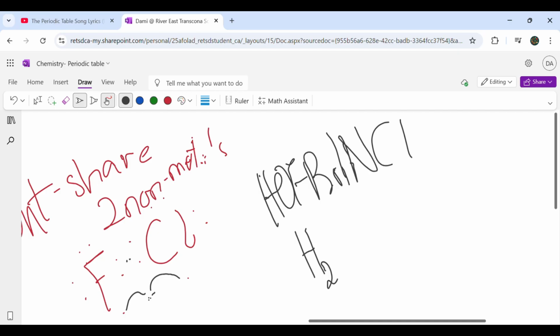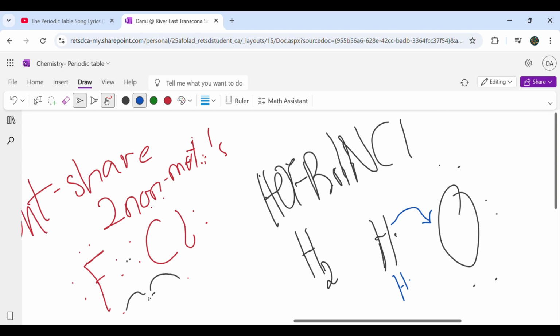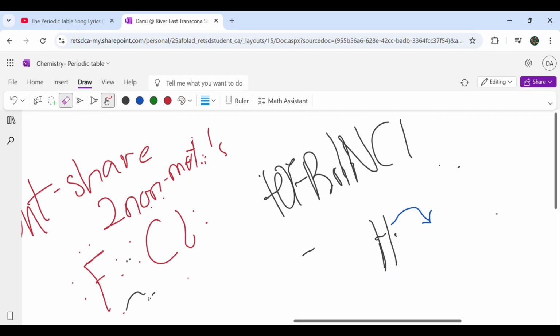For example, hydrogen has one, oxygen needs two. Oxygen has six, so hydrogen would give one to oxygen. Another hydrogen will come over and give one to oxygen, and we'll be left with H2O.